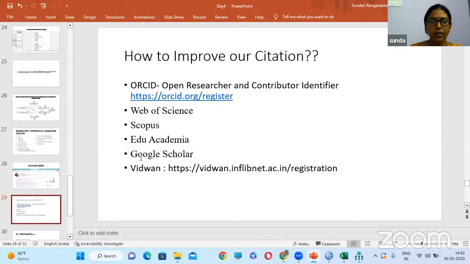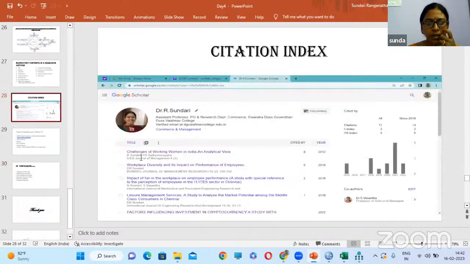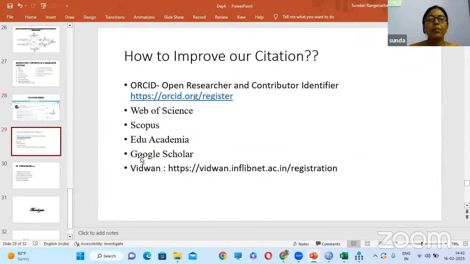In these portals, your official mail ID is also given, so people will know where you are from and what type of person you are. Even that information is known to people. So be clear with uploading your research work. These are some of the sources we have.